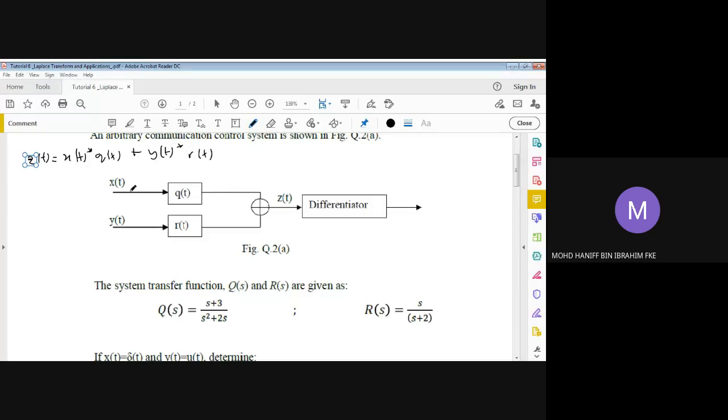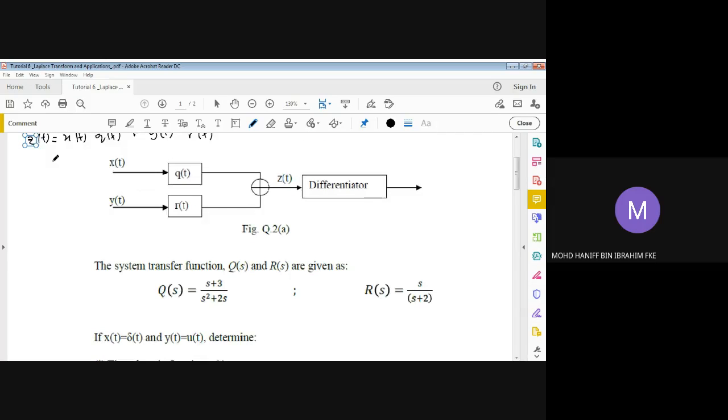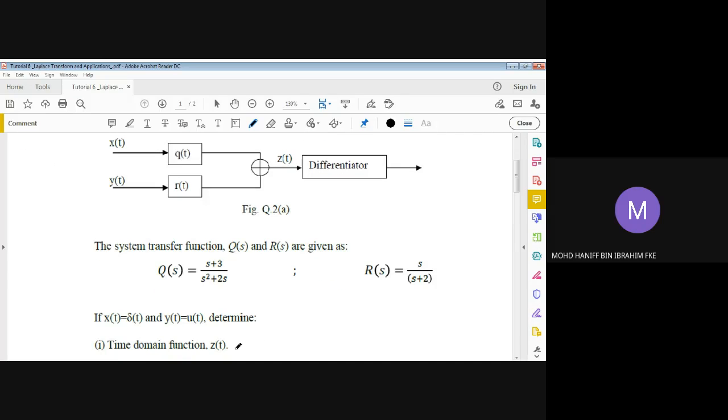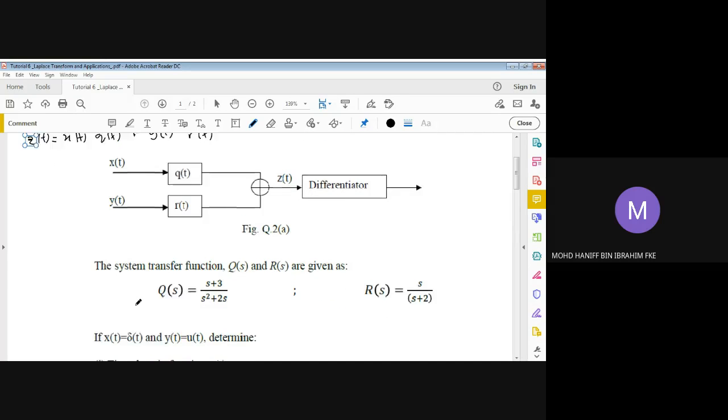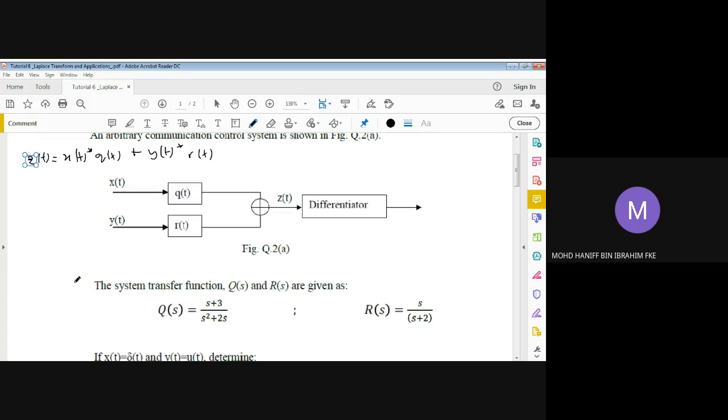From here, we can do the Laplace transform to find Z(s), because the question is to find z(t). We need to find Z(s) first, then do the inverse Laplace transform, which is easier for us, because Q(s) and R(s) have been given.